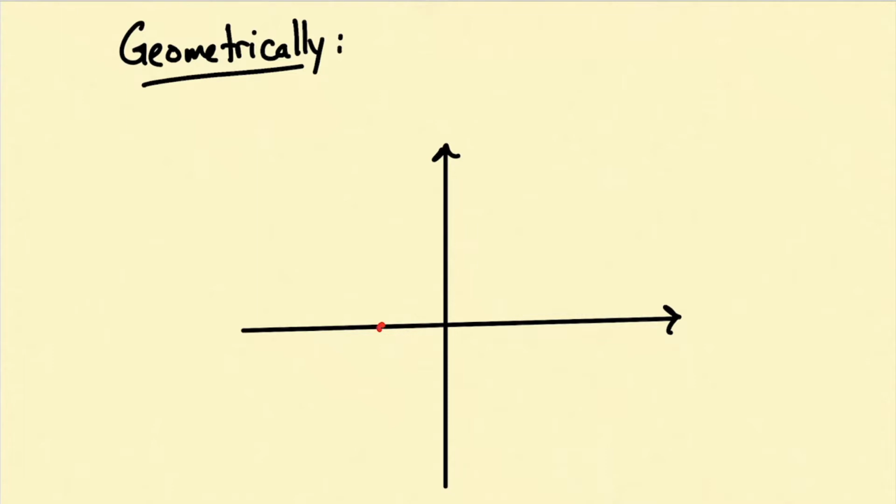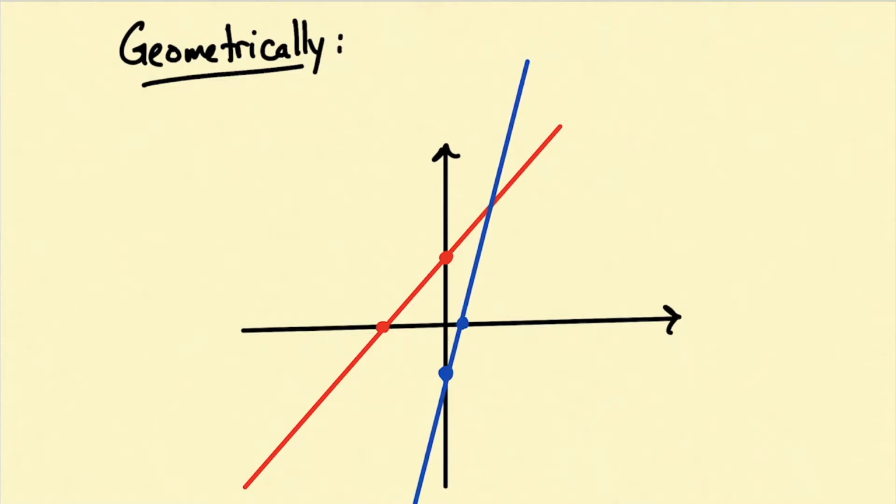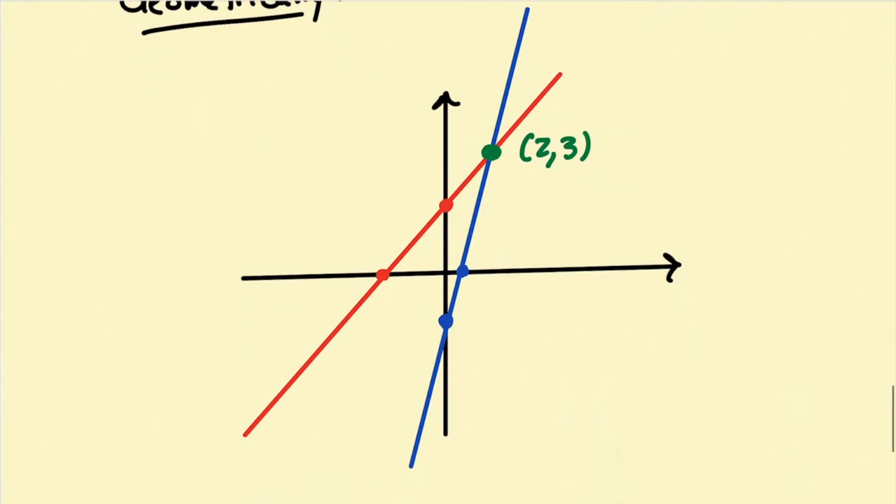To graph negative x plus y equals 1, we just plot the 2 points, (-1, 0) and (0, 1), and then we draw a line through these 2 points. To plot the other line, negative 2x plus y equals minus 1, we plot the point (0, -1), the point (1/2, 0), and then we draw a line through these 2 points. The point of intersection between these two is, in fact, the point (2, 3).